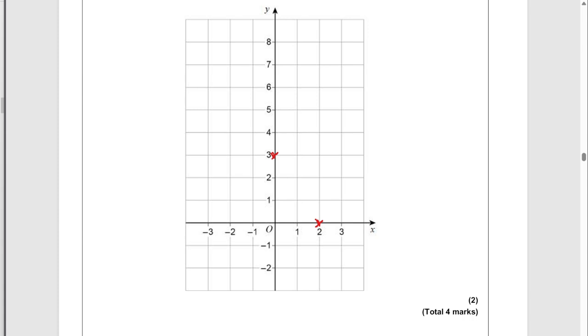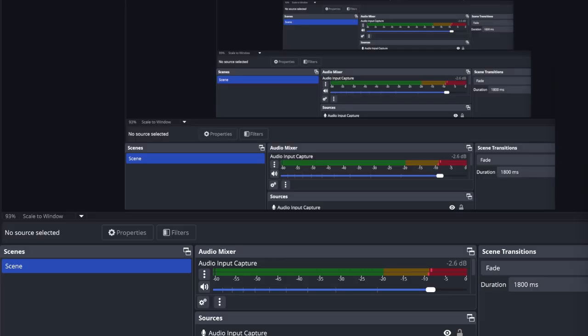We've got a gradient of minus 3 over 2. So 2 across, 3 down, 2 across, 3 up. So that's going to be my line. Join it with a ruler. Obviously, as I'm doing it on screen, I can't really use a ruler. You should use a ruler though, but that's going to be your line.